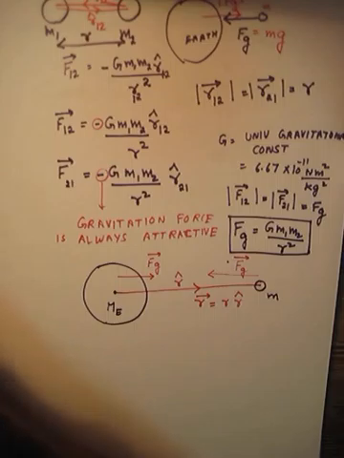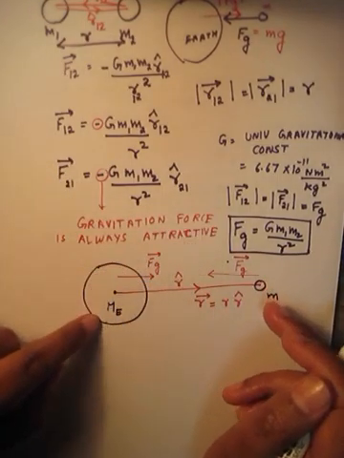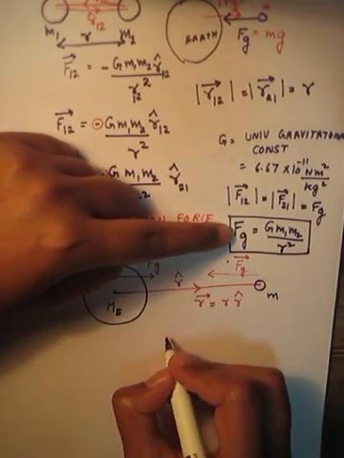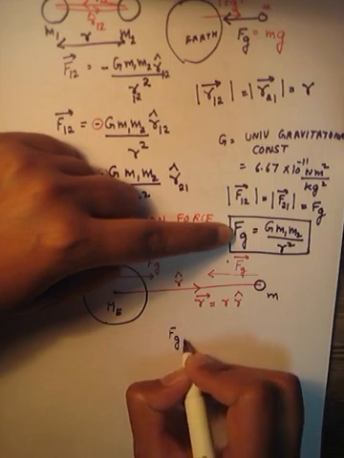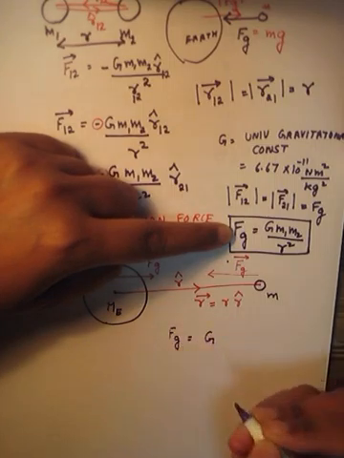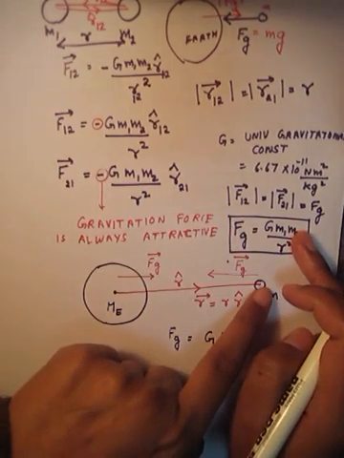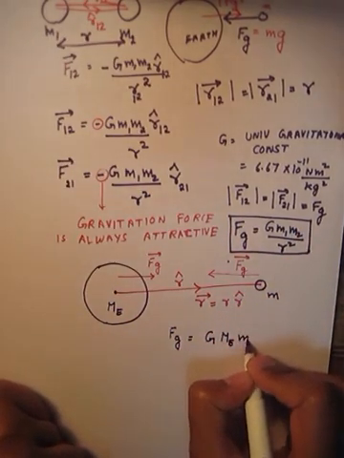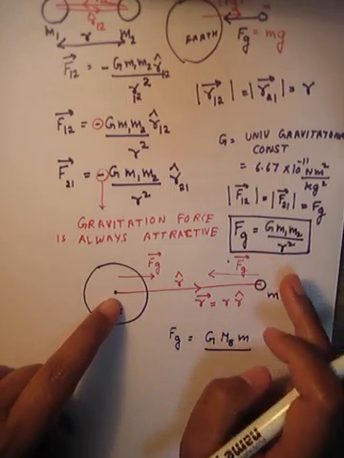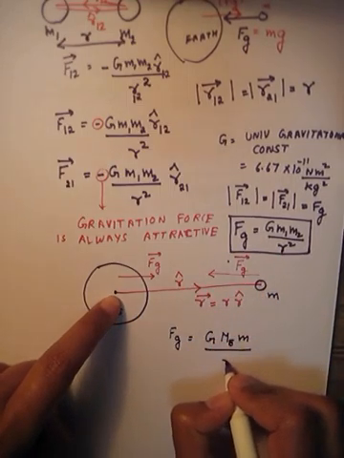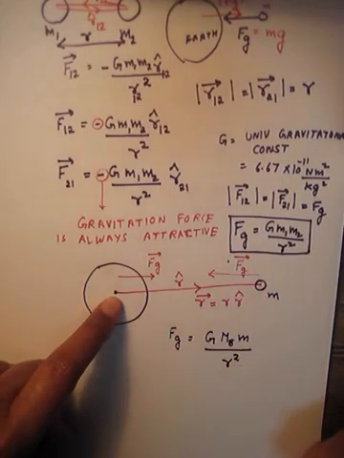If we have to write Fg for this system, let's use this expression. Gravitational force will be given by universal gravitational constant, mass of Earth, the other mass small m, divided by the distance between the two squared, so it will be r squared.